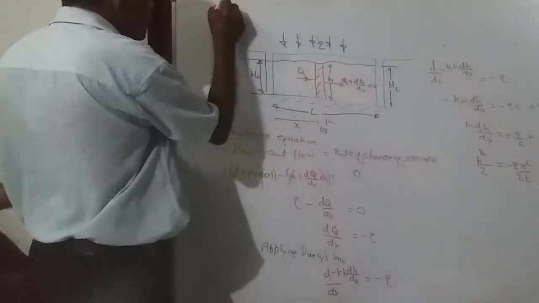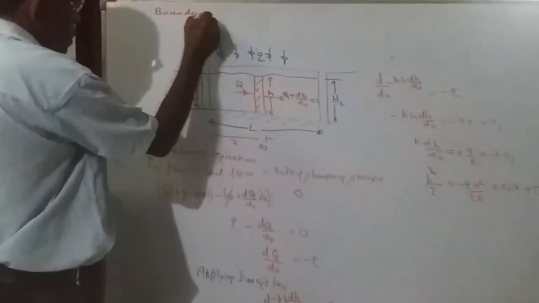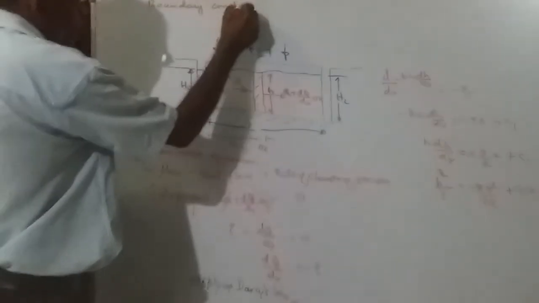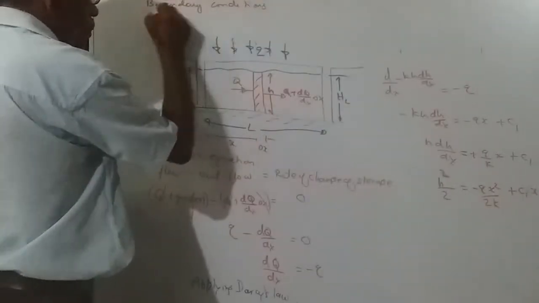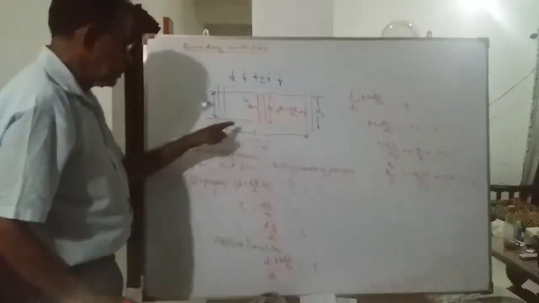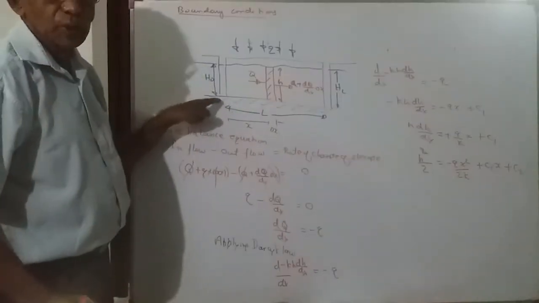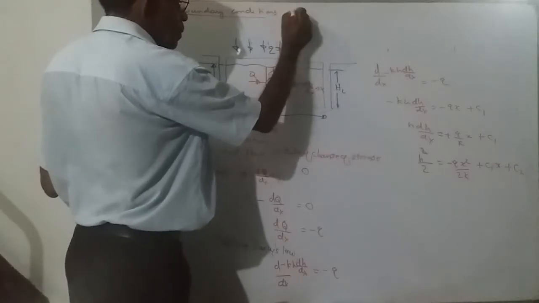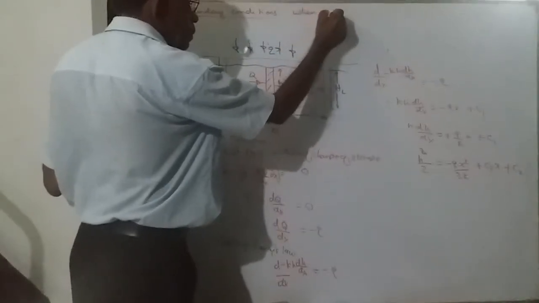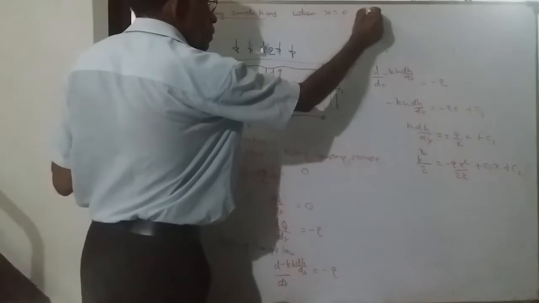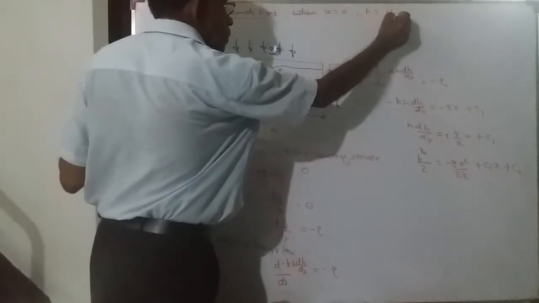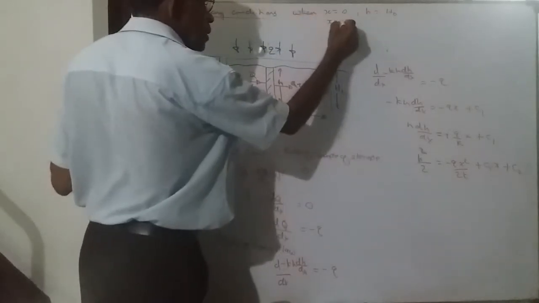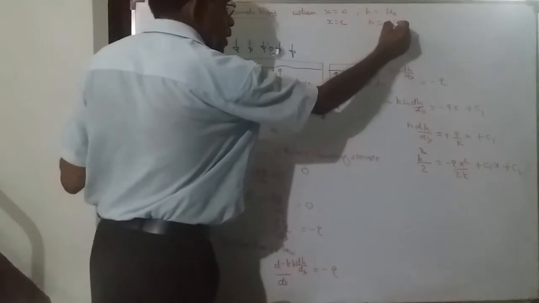The boundary conditions are simple: when x equal to 0, h is equal to h naught, and when x equal to L, h is equal to hL.